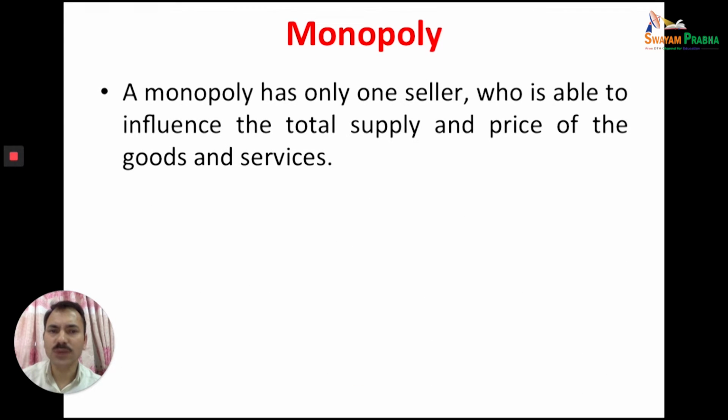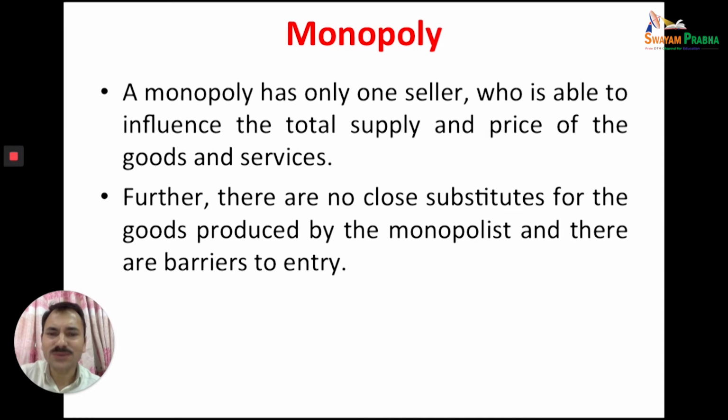Monopoly has only one seller who is able to influence the total supply and price of the goods and services. Whereas in perfect competition, we have discussed that the firm in the market is only a price taker. They cannot make the price. But here in monopoly, the firm has full right to make the price. The firm is the price maker, but it depends upon how much control that firm has on the market.